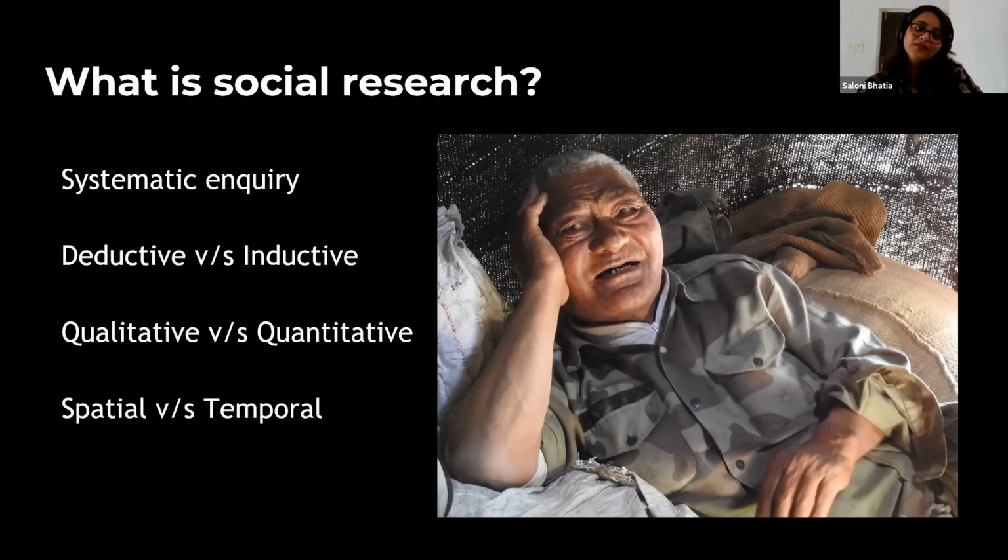So anyone who can give me an example of a spatial research that they have done? Have you compared different areas, or have you done any kind of temporal research that has looked at a long-term data set, gone back in time from before this date and after this date, that sort of thing? Have you guys had any experience in these things?